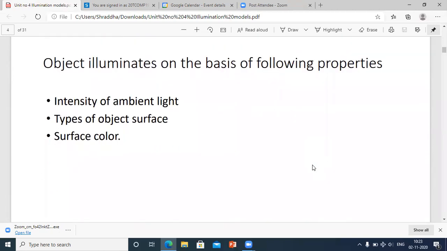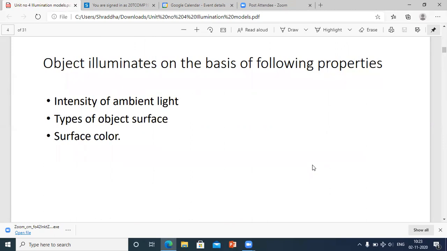Now, what does it mean when an object illuminates? Any given object can be anything: a car, a mirror, a pencil, a duster, a tree, any object, living or non-living. Basically any object illuminates based on the following basic properties. What are those properties?